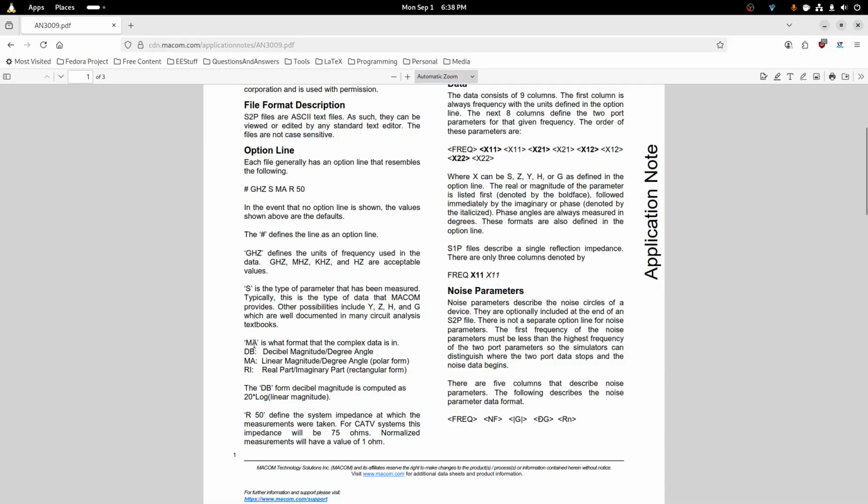The other ones are dB, which is decibel magnitude and angle, and RI, which is real and imaginary, so that would be the R plus JX sort of deal. Most of the time, a data sheet's probably either going to give it in MA or dB.